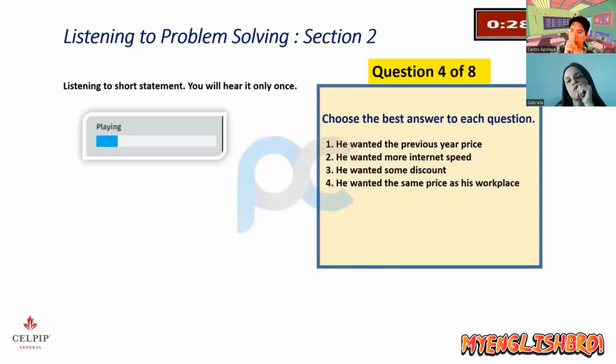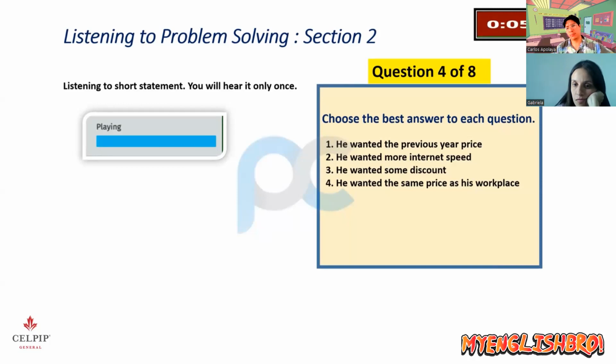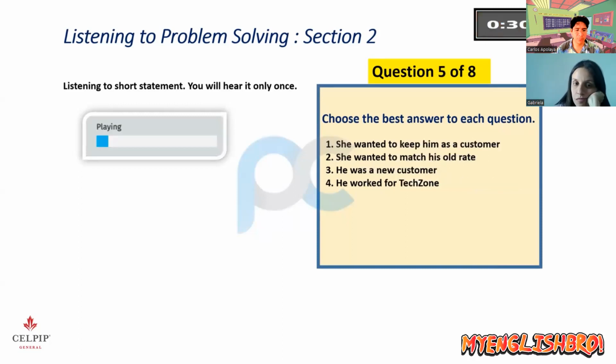Question 4. What was the man's demand to continue using internet service? Question 5.